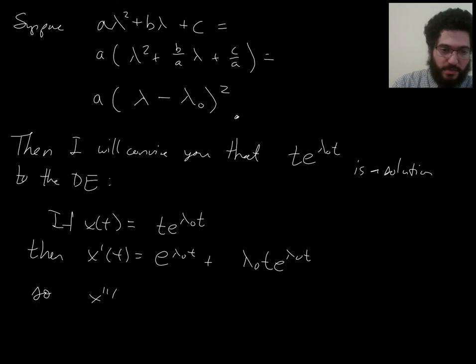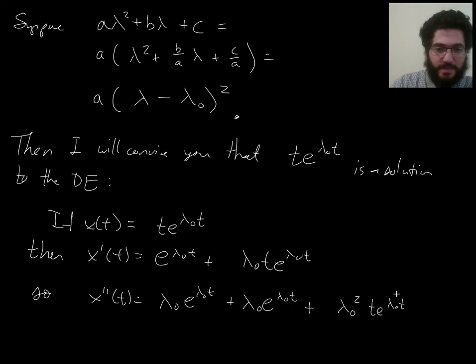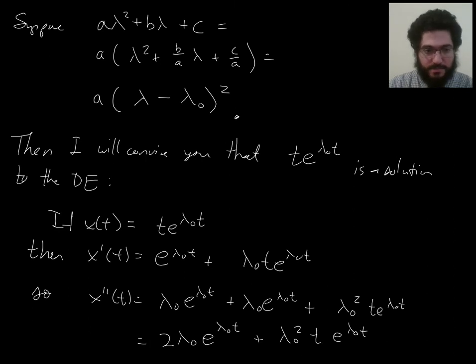So x prime prime of t is lambda naught e to the lambda naught t plus, and then I use the product rule again on this, and I get this.